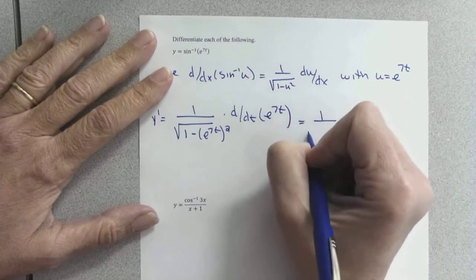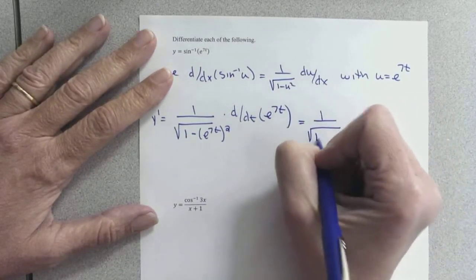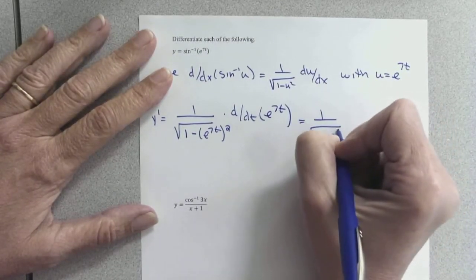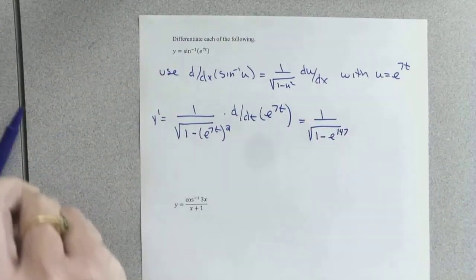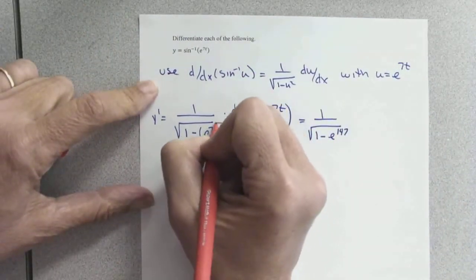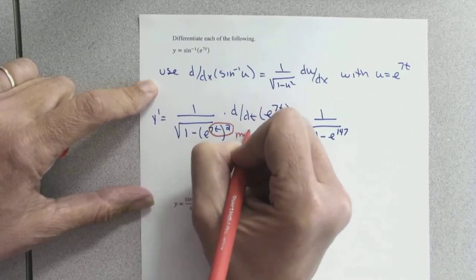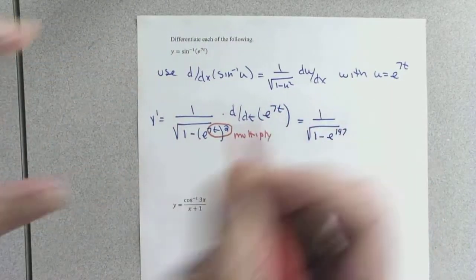And let's make this look pretty, so that's going to be 1 over the square root of 1 minus e to the 14t. Exponents to exponents, we multiply.